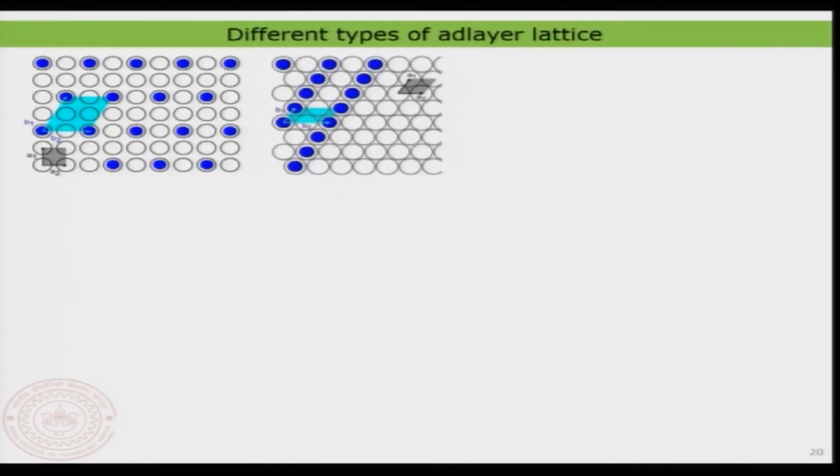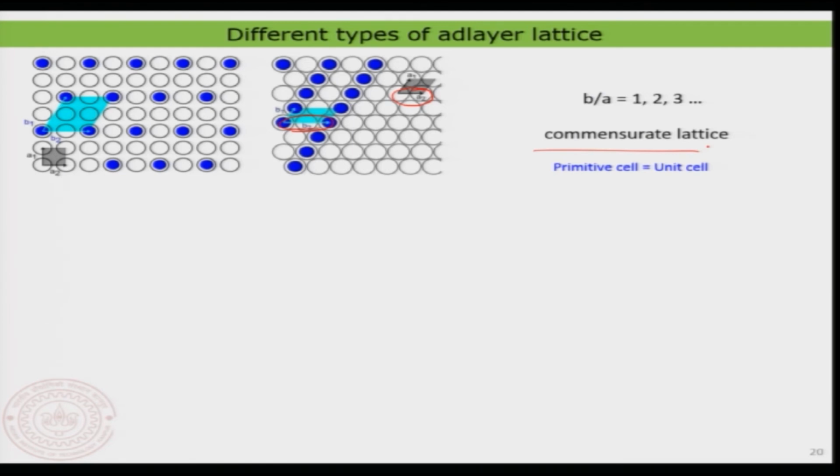Now, one more important point that I would like to mention here is that there is a general classification of Adlayers. If the Adlayer lattice vector divided by the unit lattice vector of the surface comes out as integer numbers like 1, 2, 3 and so on, then you would call this lattice a commensurate lattice.